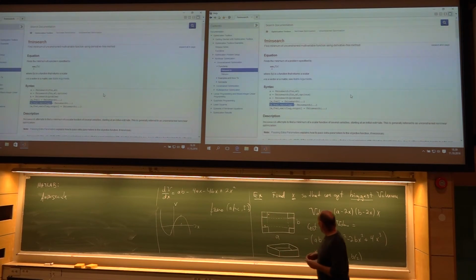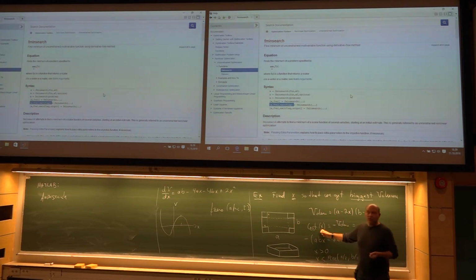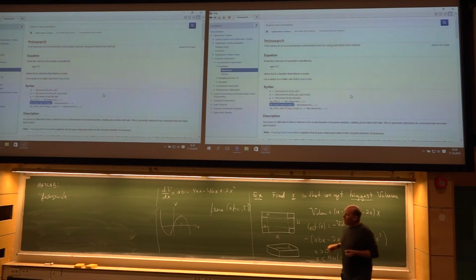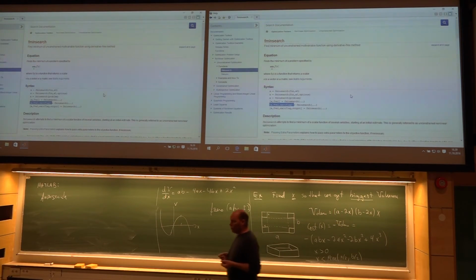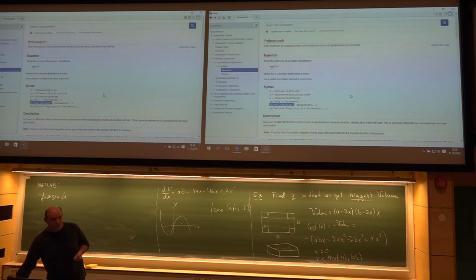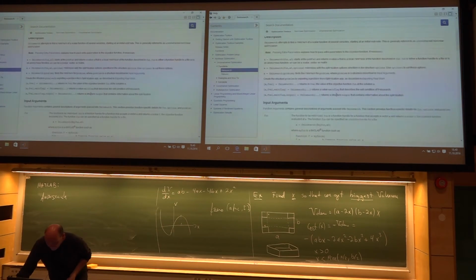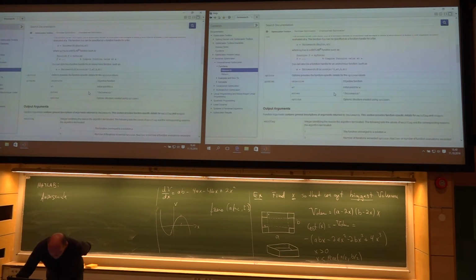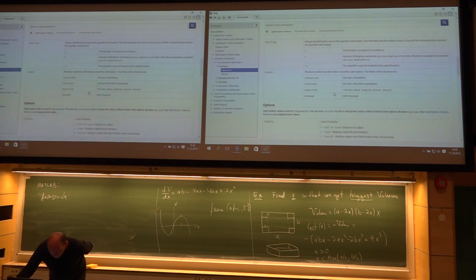What's the value of my cost function for the solution you have found? And even more important, the exit flag. Because sometimes it fails to find a solution, and that's nice to know. Have you found a solution or not? Then you investigate the value of this exit flag.